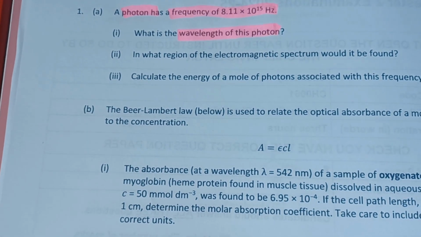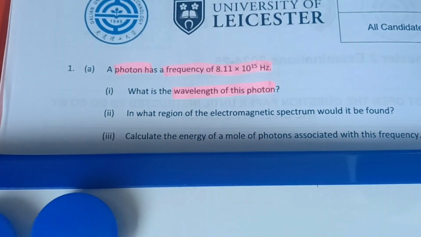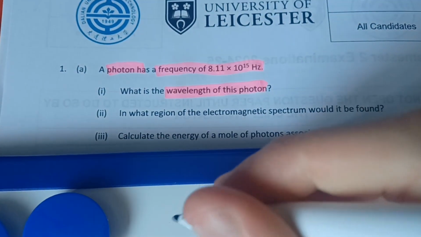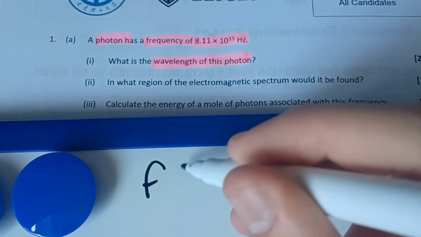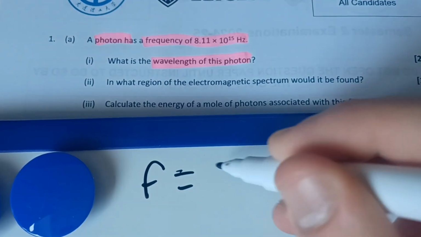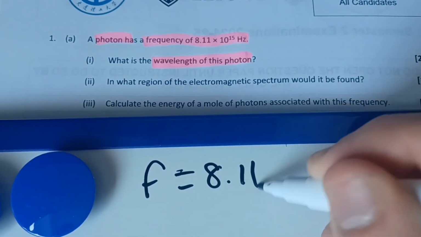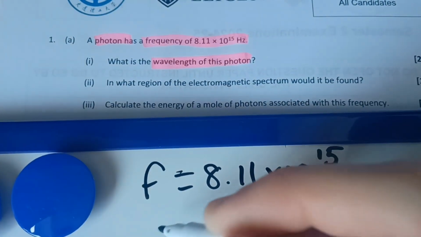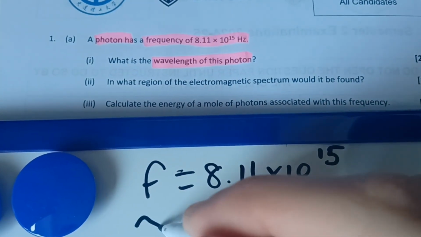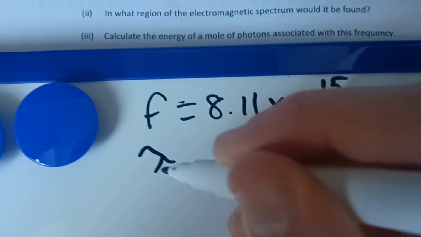So, if we take our white book, as here, we have been given the frequency, F. So F is equal to 8.11 times 10 to the 15. We are looking to find our wavelength.